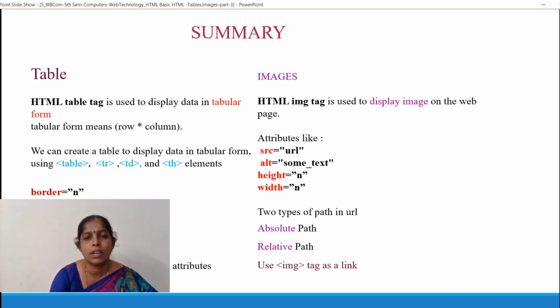Source provides the URL of the image. Alternate: if that image is not displayed, then we can provide some text. Height of the image, width of the image. In how many ways can we specify the path in a URL? In two ways. One is absolute and the other one is relative. By using the image tag, we can link to other images or other web pages.